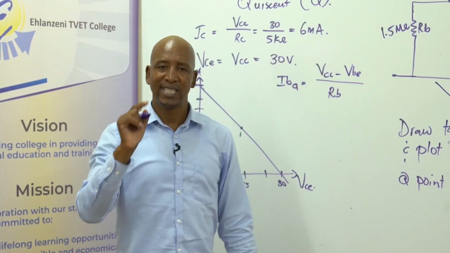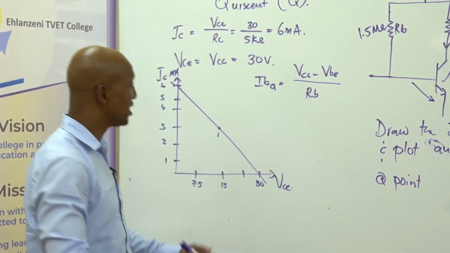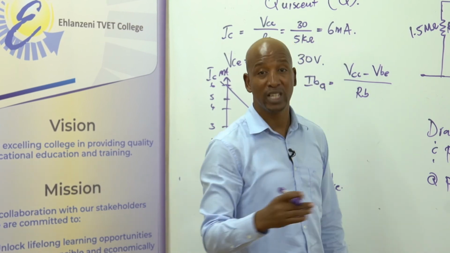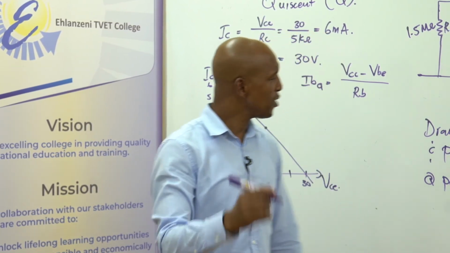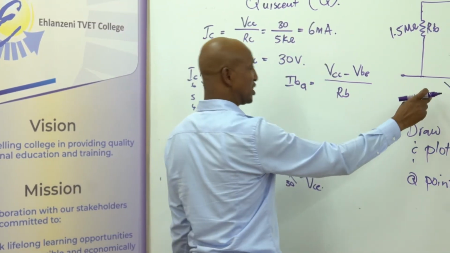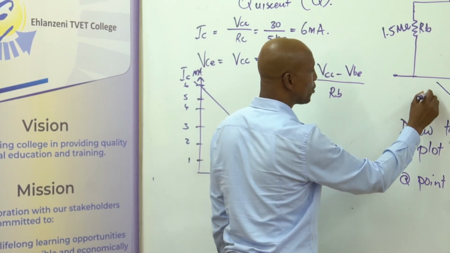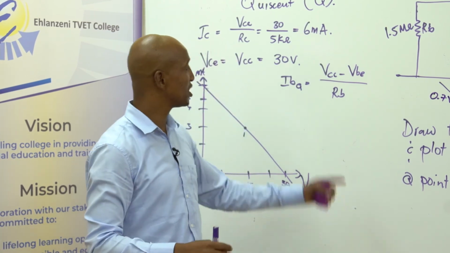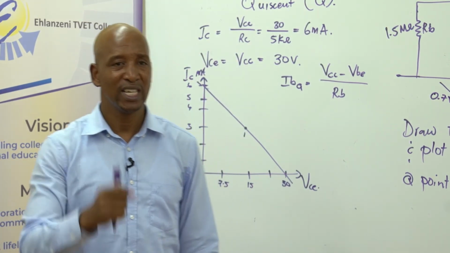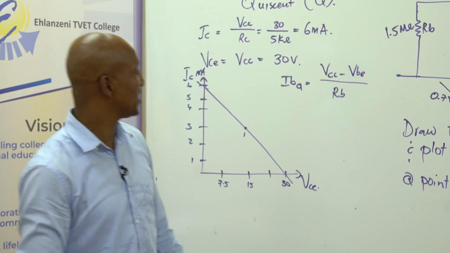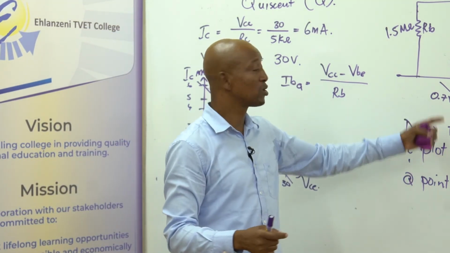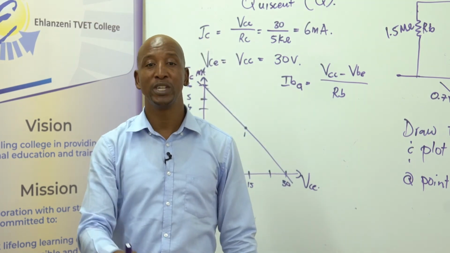Some textbooks or some examiners will tell you the value of VBE. Some will not tell you. So, if you are not told, you always assume your VBE to be equal to 0.7 volts. We all know why we choose 0.7 volts. We know that semiconductor devices, more especially silicon, will start to conduct at a value of 0.7.